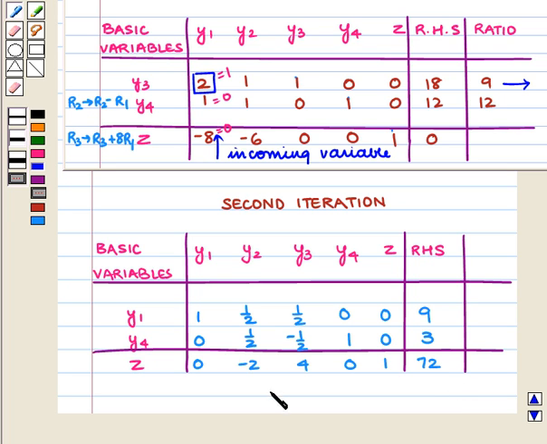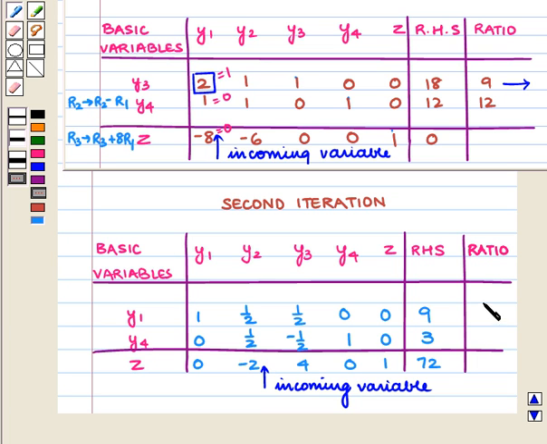See here, minus 2 is the most negative, so y2 is the incoming or entering variable, and hence the pivot column.